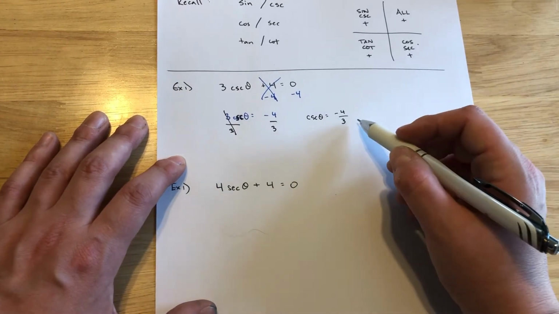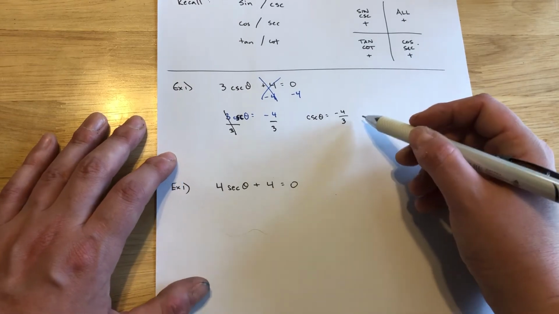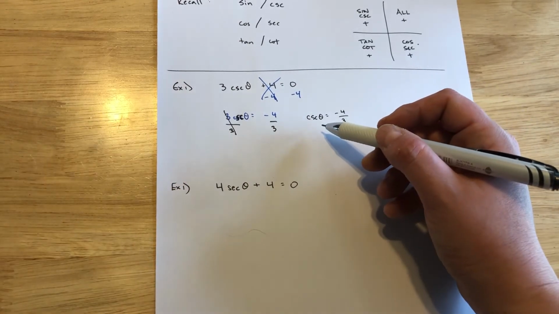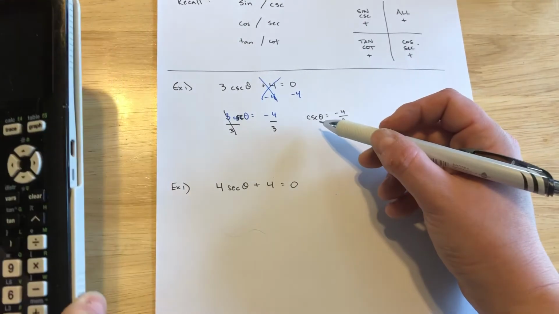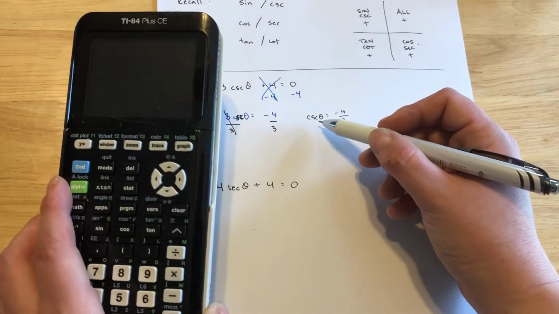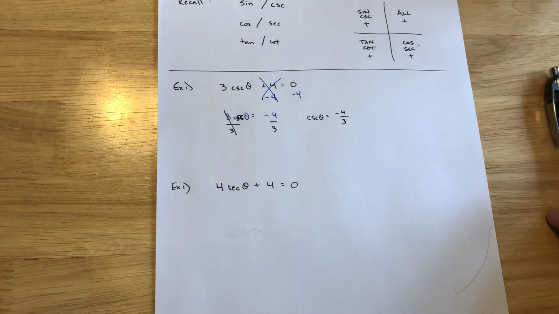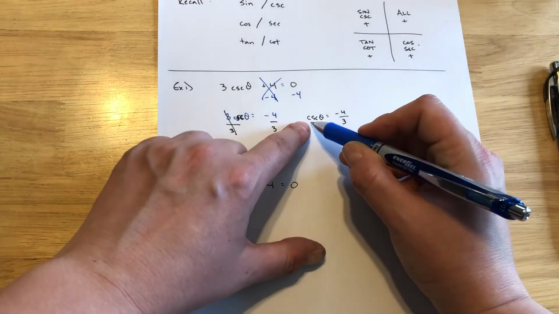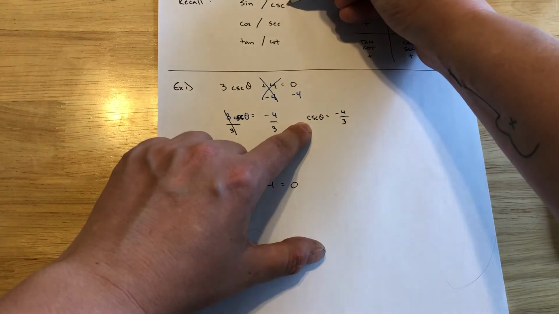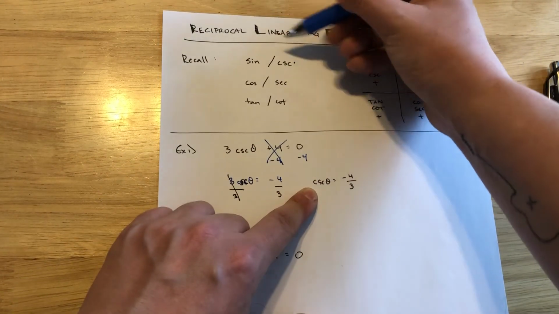That's what we got out of this backwards order of operations. So typically here is where we would use an inverse trig function on the calculator, but we don't have a cosecant button. We don't have an inverse cosecant either. So what we need to do is go from cosecant to its reciprocal.